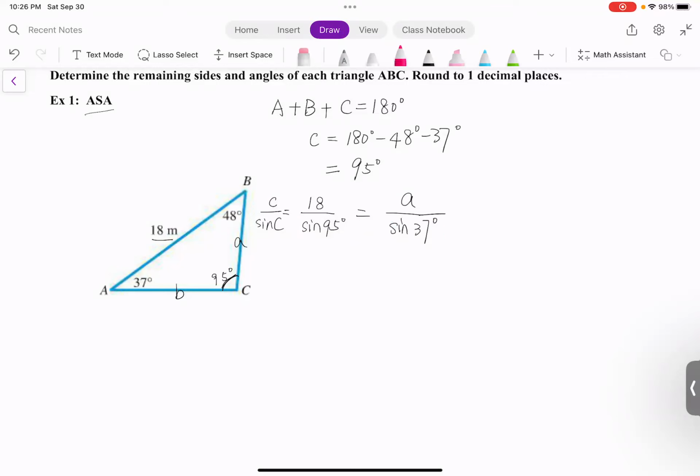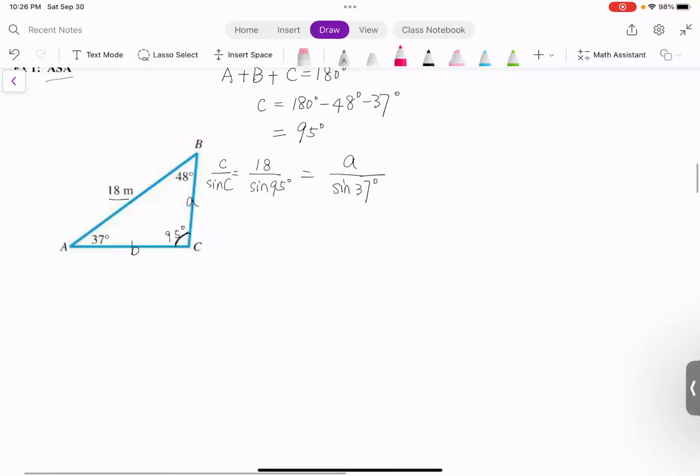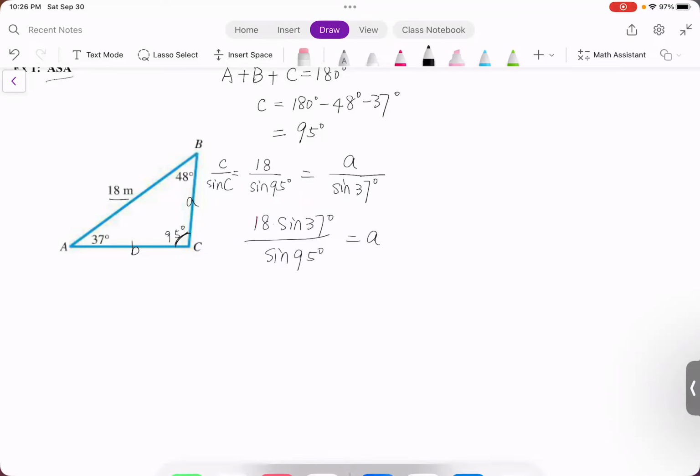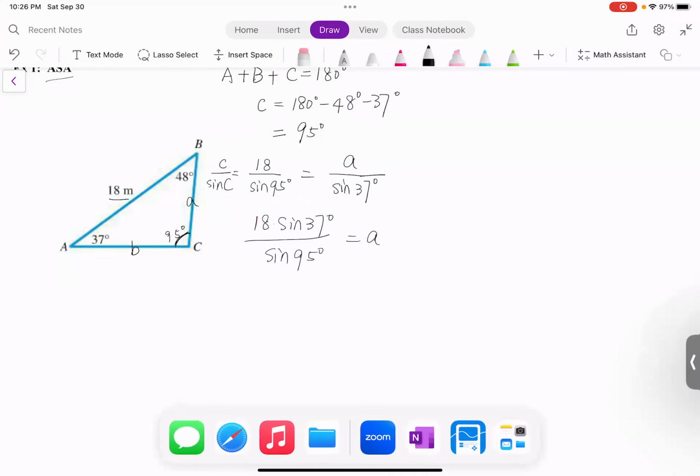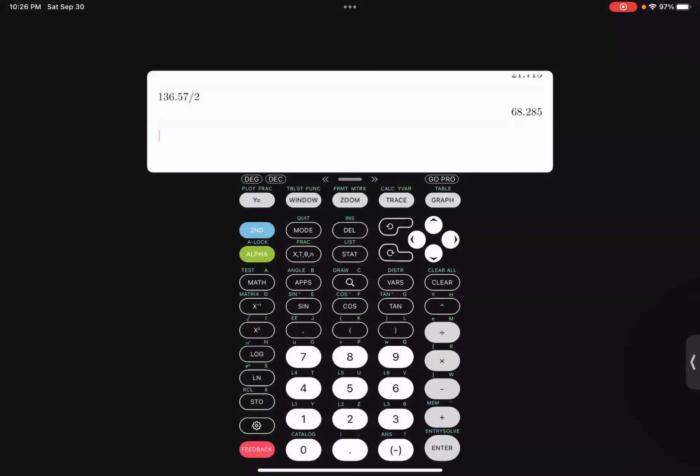So let's isolate the A. We can multiply by sine 37 degrees on both sides. So we have 18 times sine 37 degrees over sine 95 degrees. It is A. And then we can use our calculator to find the value. And the question says round to 1 decimal place.